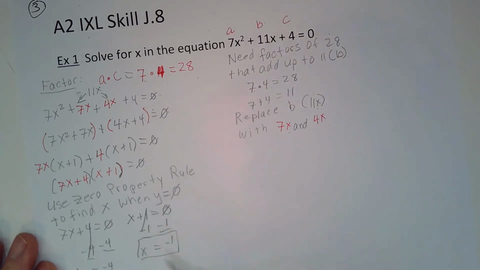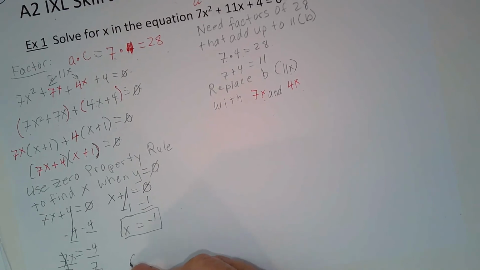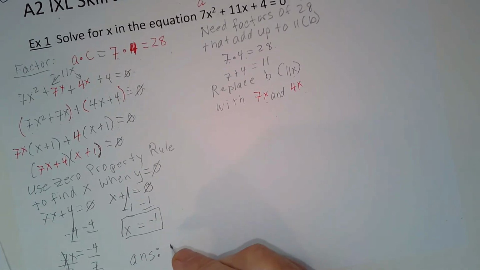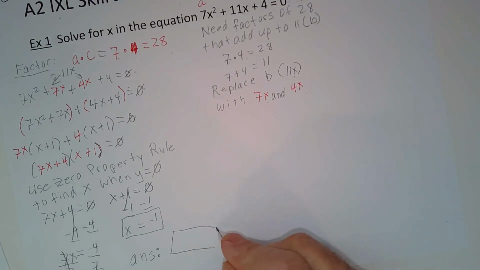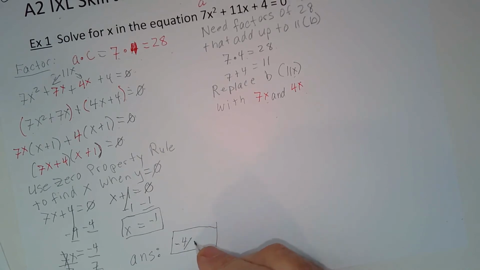And now that we have those, we would write our answer as follows. Notice our negative 4 over 7. It goes into a box in IXL. And so you can only write it this way, negative 4/7 for negative 4 over 7.